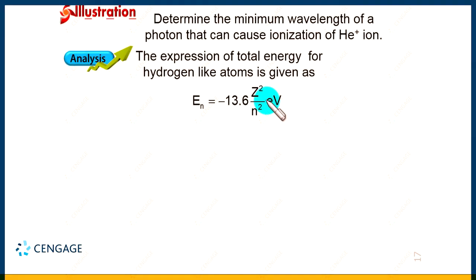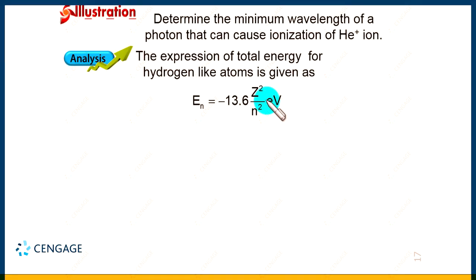And we also know the definition of the ionization energy. It is the energy required to eject the electron from n equal to 1 to n equal to infinite. That is the minimum energy required for removing the electron at ground state out of the atom. This energy is the ionization energy.